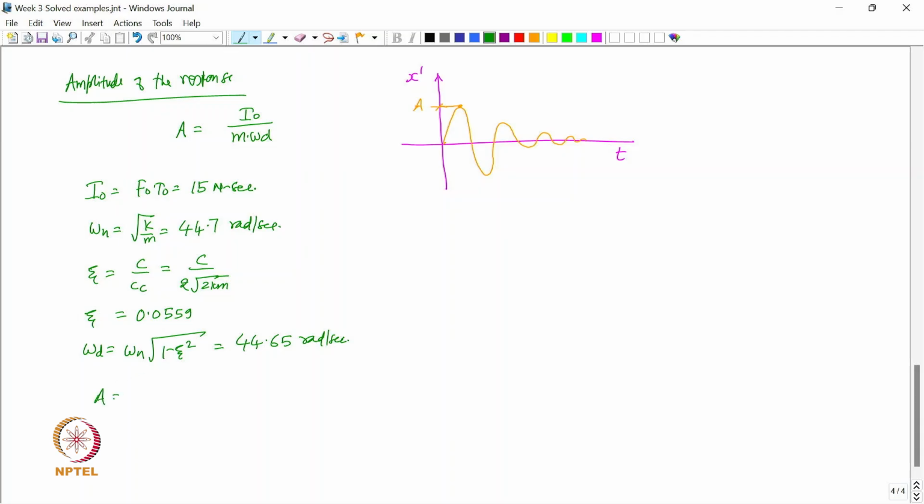Then I can now find A as 15 upon 2 into 44.65, and that gives me A is equal to 0.168 meters, correct. So, you can see in this manner we have found out the amplitude of the response, right.